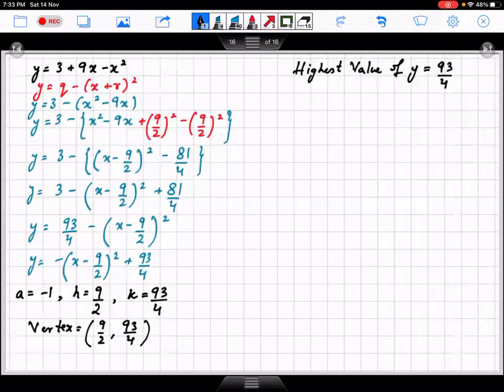Okay, now if you want to sketch the graph, we need the x-intercept. So I should be putting y is equals to 0, that is x minus 9 upon 2 whole square plus 93 upon 4. So this becomes x minus 9 upon 2 whole square is equals to 93 upon 4.